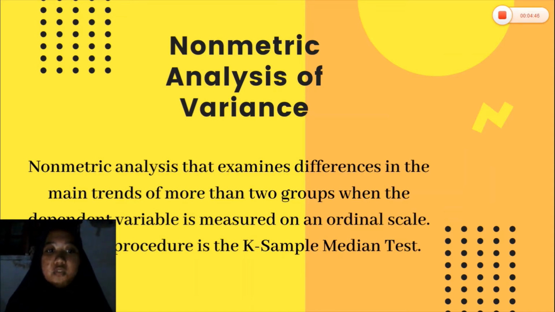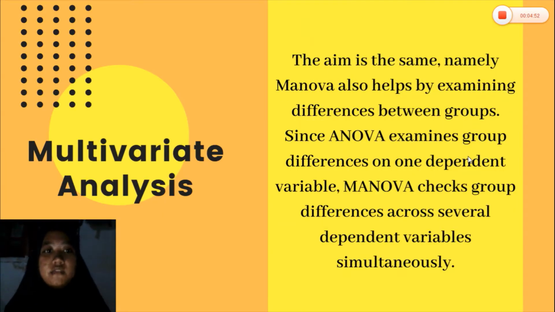One such procedure is the K-sample median test. Multivariate analysis of variance, MANOVA. The aim is the same, namely, like ANOVA, it examines differences between groups. Since ANOVA examines group differences on one dependent variable, MANOVA checks group differences across several dependent variables simultaneously.